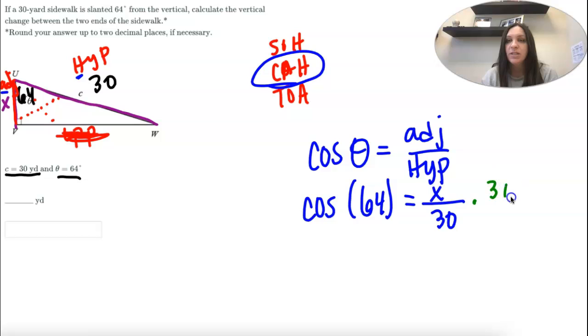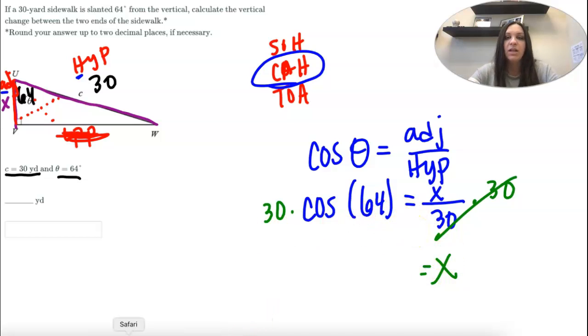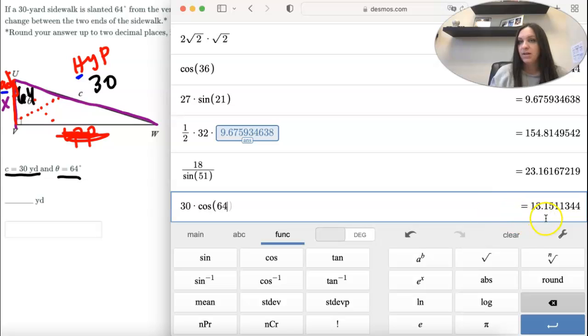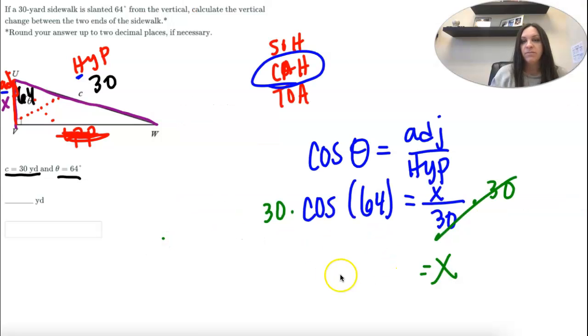So multiply both sides by the denominator. Woohoo! X is by itself. So we just put it right in the calculator. We calculate it. 30 times sine, not sine, cosine of 64. I'm so used to sine. 13.15. That's x.